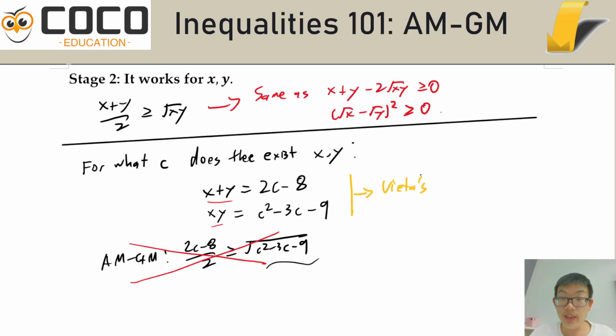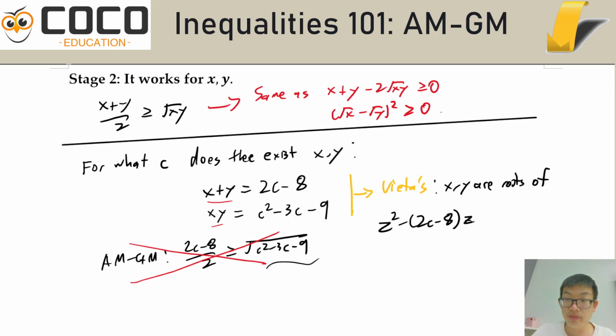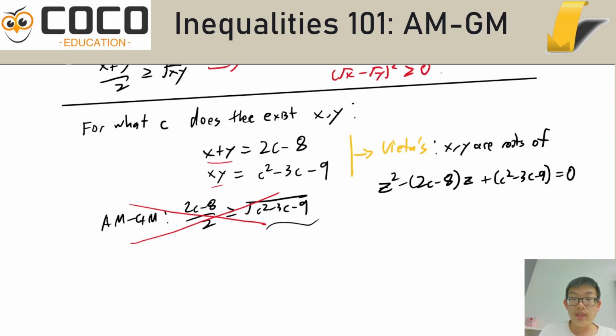Our Vieta's formulas tell us that x and y are roots of this quadratic, which I will write using c as the variable. Right, sum of roots, product of roots. Since those are the sum and product of roots, then I've got a quadratic.